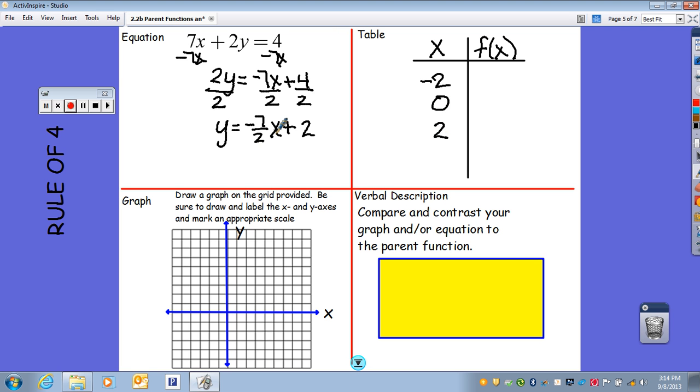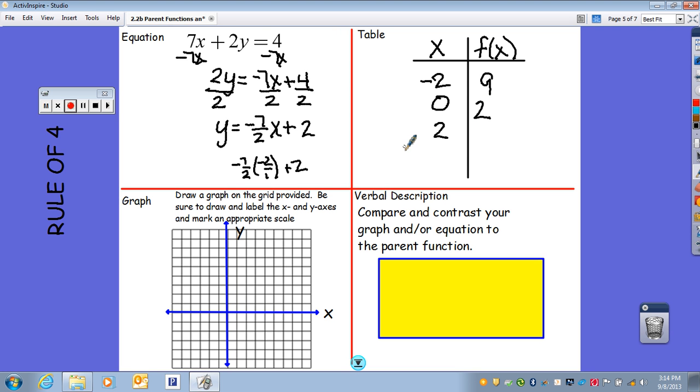So when I take my negative 2 and I substitute that in for x, I have negative 7 over 2 times negative 2, which is over 1. So I get a positive 14 over 2, which is 7, and 7 plus 2 is 9. When I put in my 0, I get negative 7 over 2 times 0 is 0, and 0 plus 2 is 2.